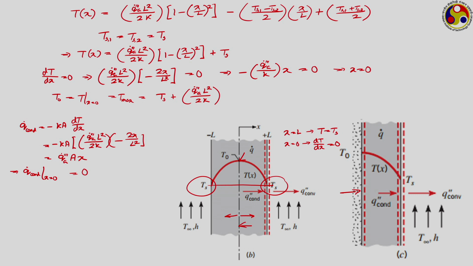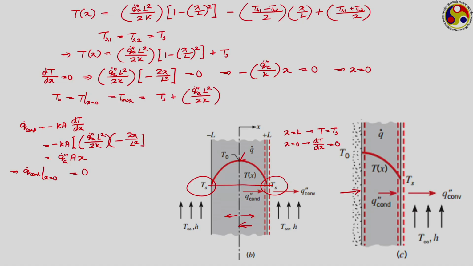Now, one final thought on this: quite often we may not know the end temperatures Ts1, Ts2 or the Ts in this case. To identify that, we may have to use the information available outside the block. Like shown here, the block may be subjected to some kind of convective heat transfer, and therefore, we can easily make use of the balance between conduction and convection at the surface under steady state condition.